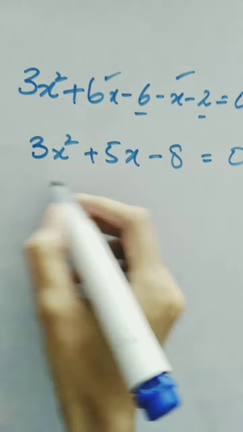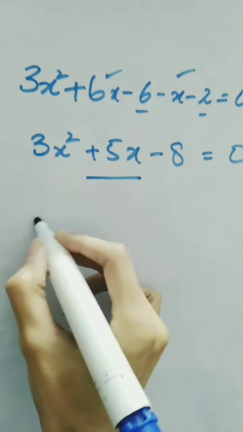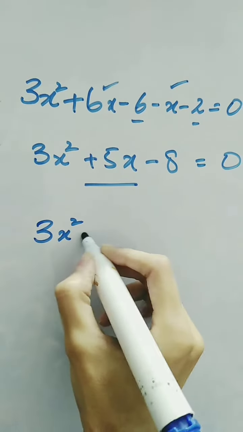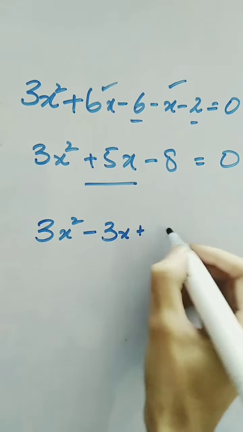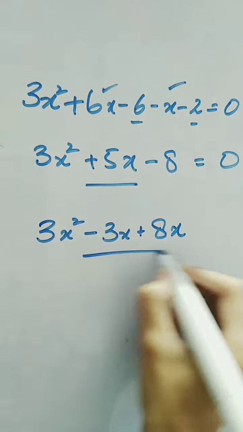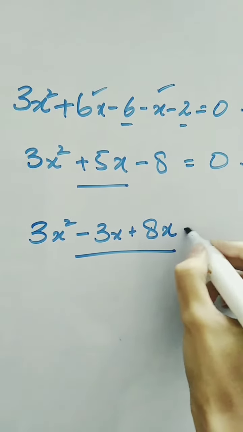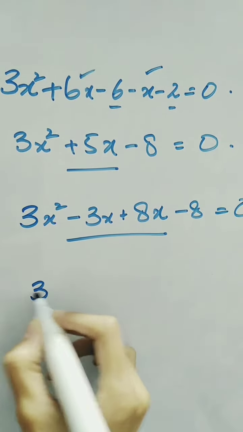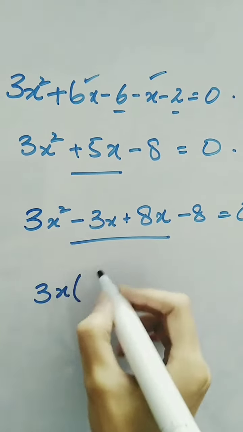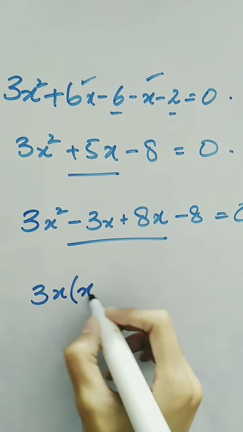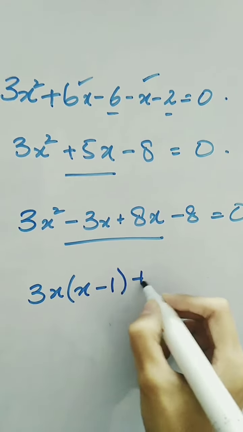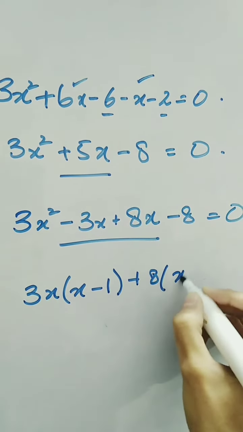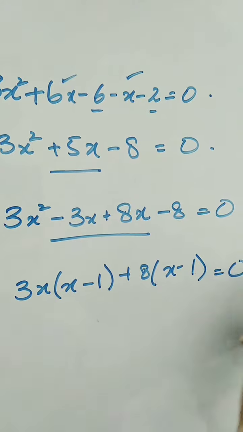In order to factorize this equation, we break these terms into minus 3x plus 8x. Minus 3x plus 8x is equivalent to plus 5x. Now we take common from here, 3x from these two terms, we will have x minus 1, and 8 from here, so we will have x minus 1 as well.